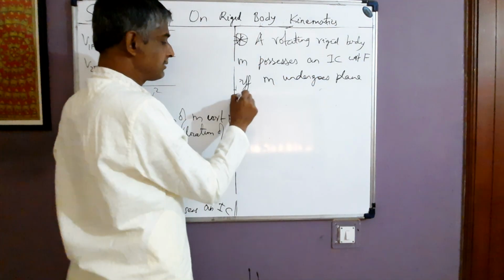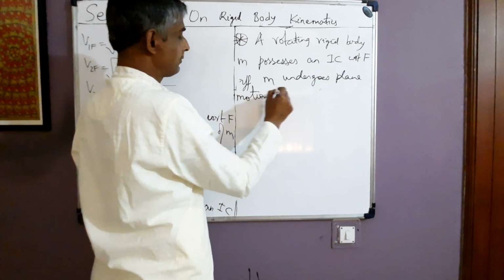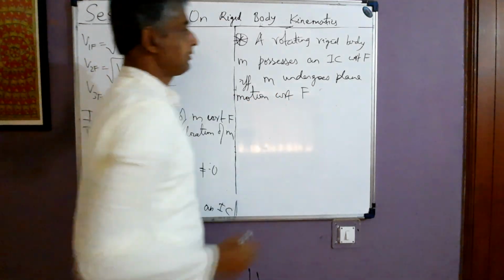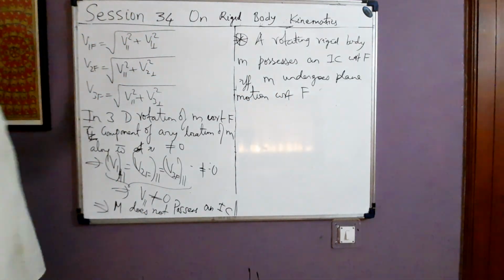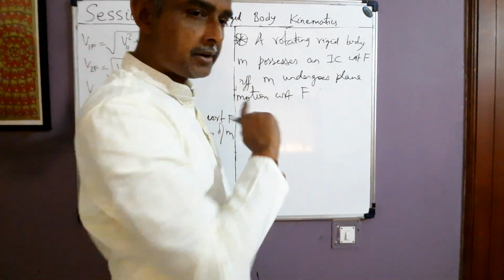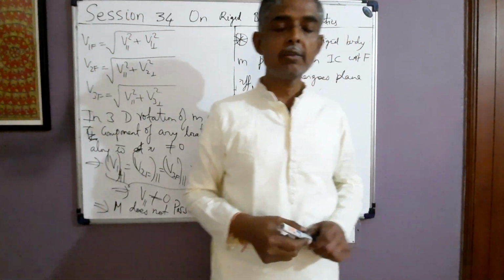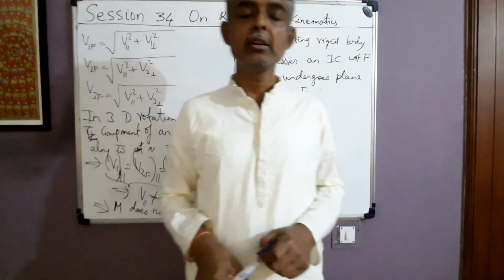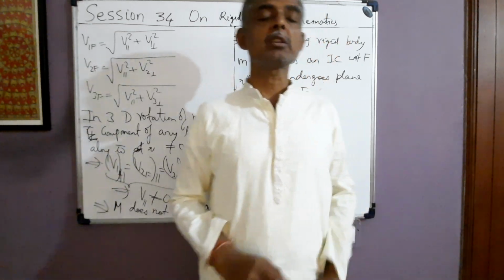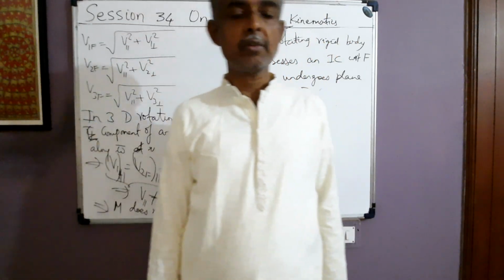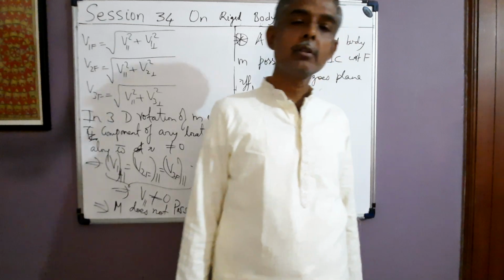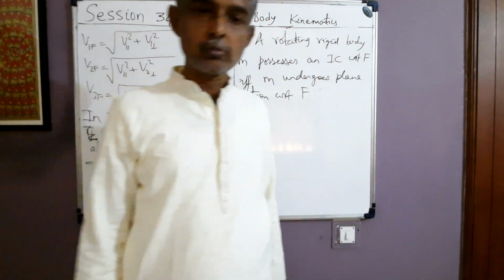If and only if means it is true both ways. If M possesses an IC with respect to f, that means M undergoes plane motion with respect to f. Conversely, if M undergoes plane motion with respect to f, then M possesses an IC with respect to f.